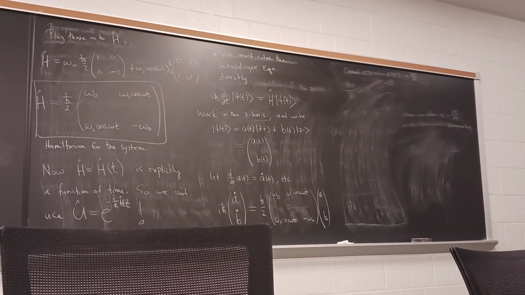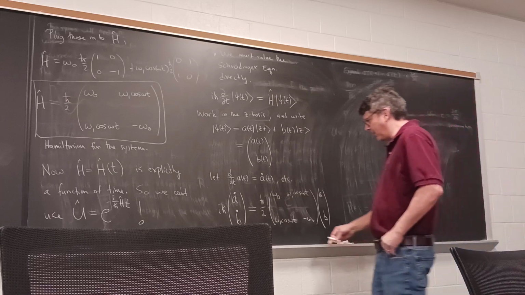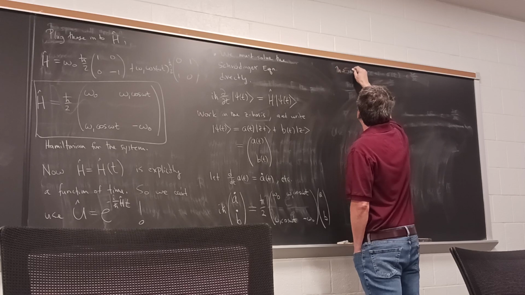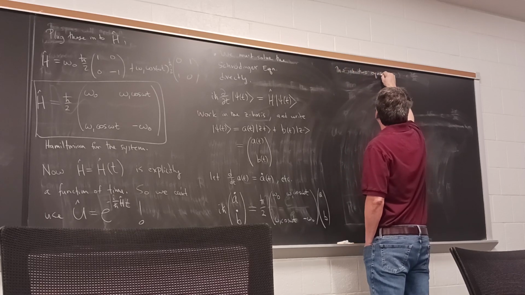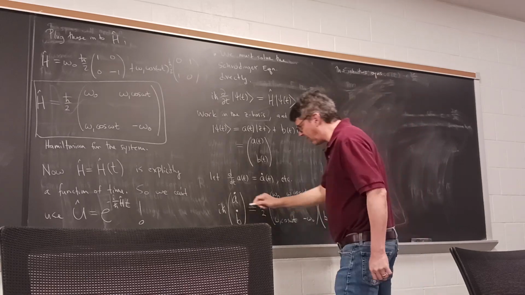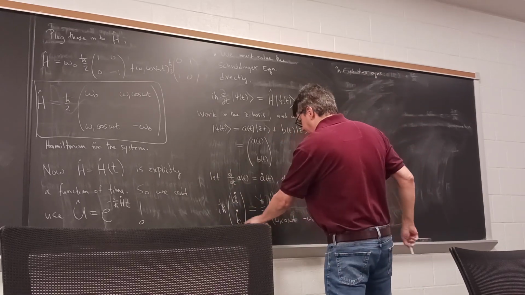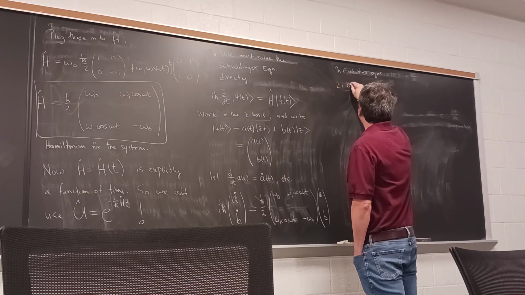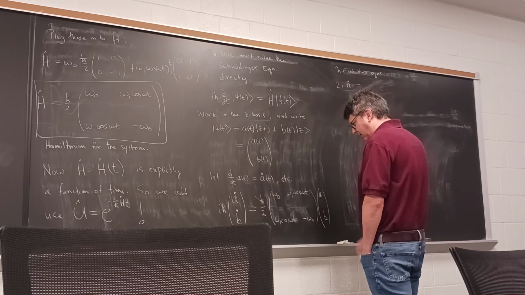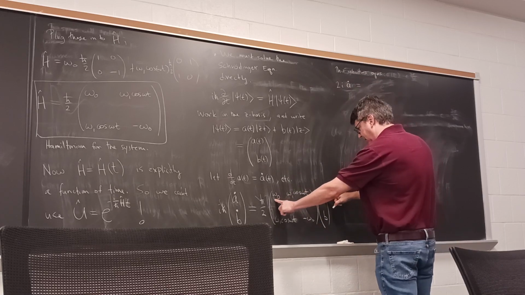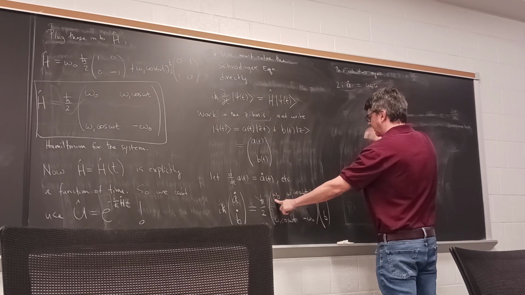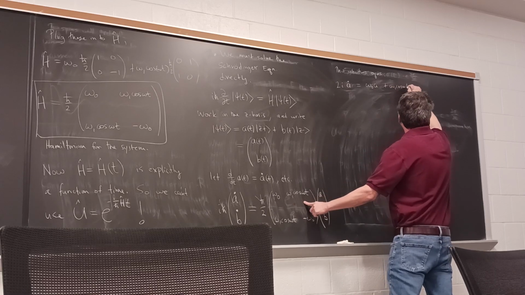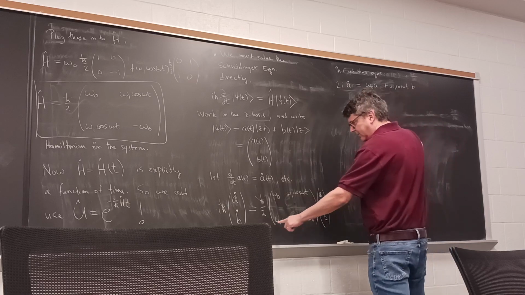Okay. All right, so let's write the equations out. This is 2 equations. So if I drop my h bars, bring my 2 up to the left-hand side, then I'll have 2i a dot is equal to omega 0 a plus omega 1 cosine omega t b, that's one equation.